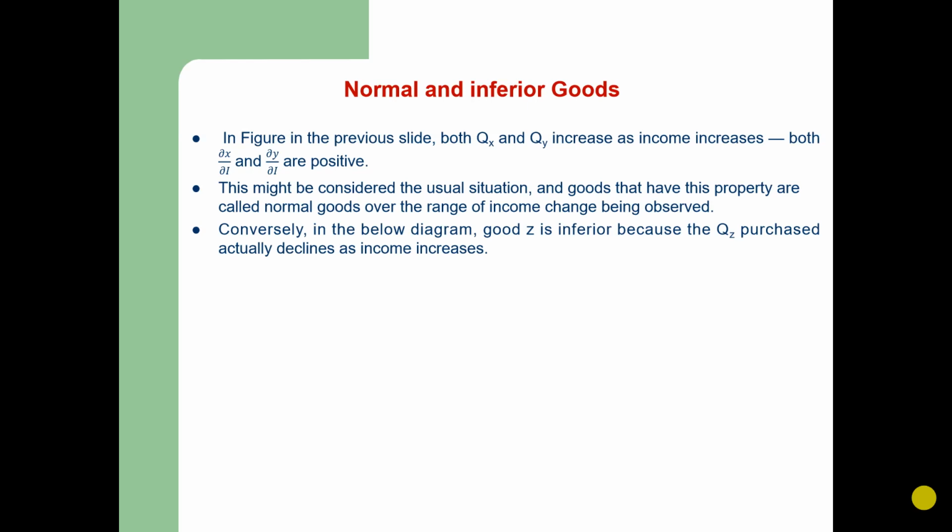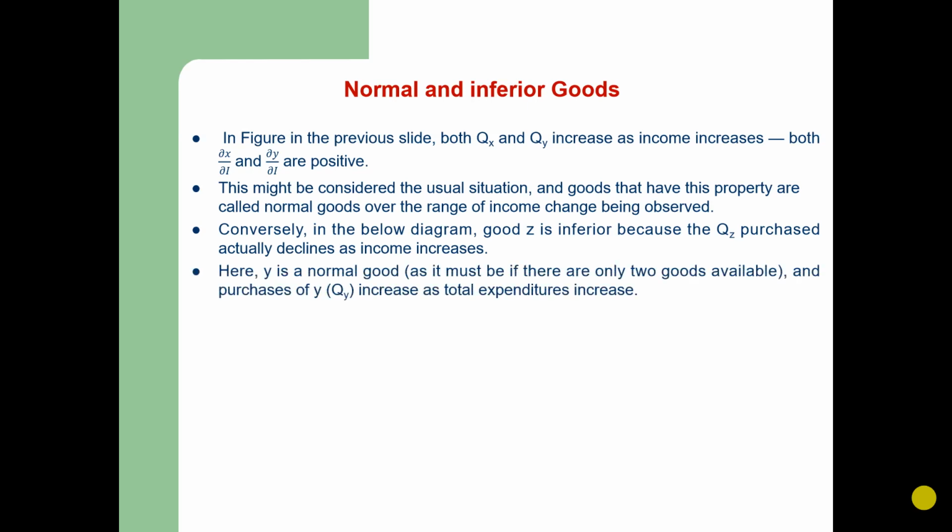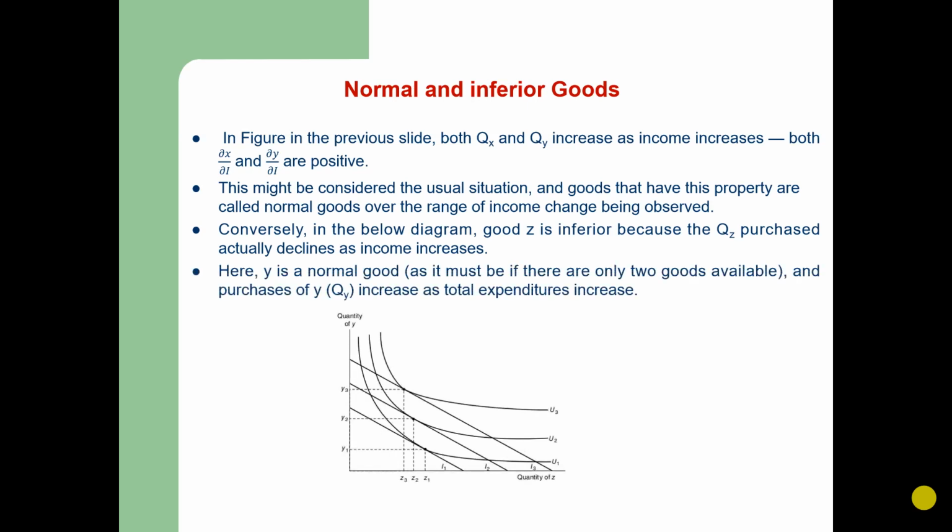On the other hand, we may also analyze the situation in which good Y is normal and another good Z is inferior, and we can illustrate that with the help of the following figure. In this figure, good Z is inferior because the quantity of Z purchased actually declines as income rises. So as income rises from I1 to I2 and I3, the quantity of Z decreases from Z1 to Z2 and Z3 respectively.